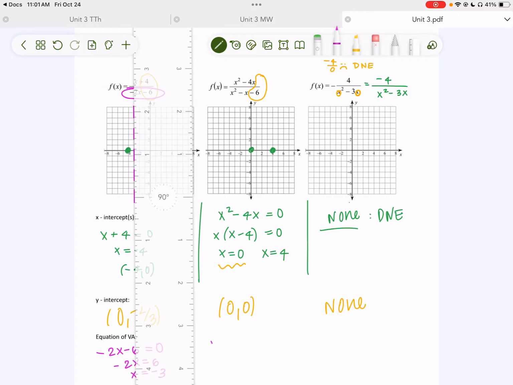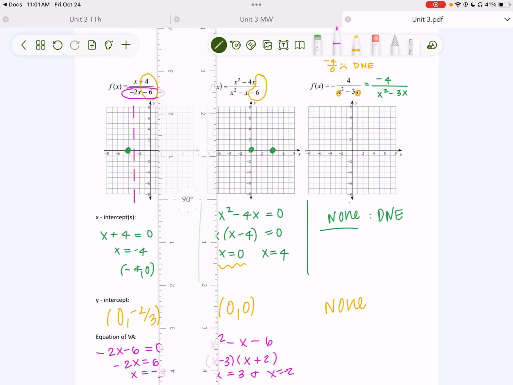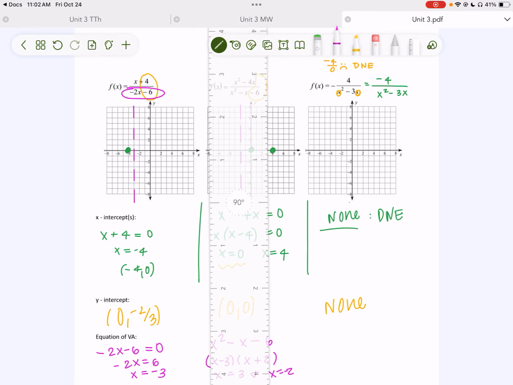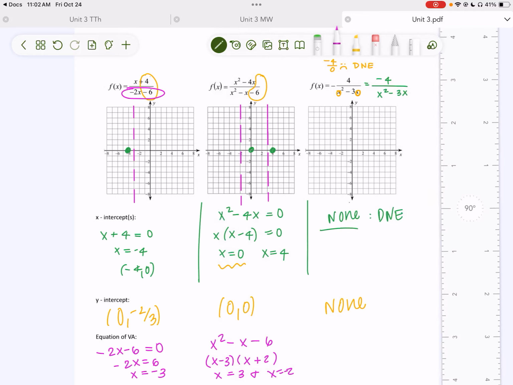The next one is going to be factored. So if we want to multiply to -6 and add to -1, that'll be -3 plus 2. So 3 and -2. So we'll do that. Based on my points, I feel pretty good about that.